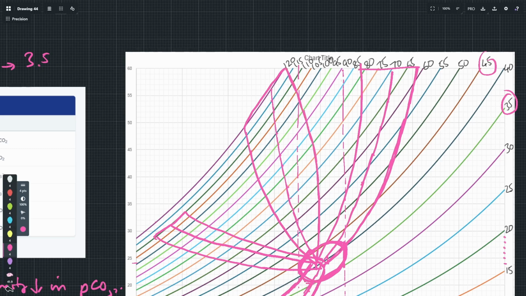This is acute respiratory acidosis. This is chronic respiratory acidosis.